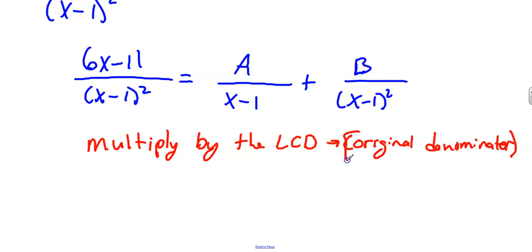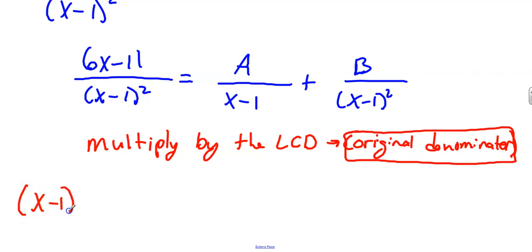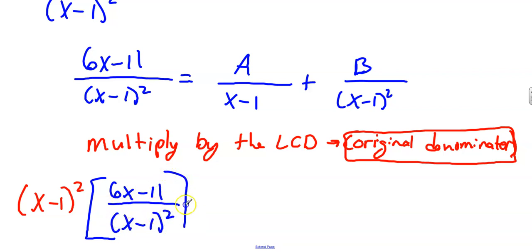No shock or surprise on these: when they tell you to multiply by the least common denominator, it's basically going to be that original denominator that you started with. So for us, that's going to be the x minus 1 squared. Okay, and now when you do that, you've got to multiply every single term up here by x minus 1 squared.